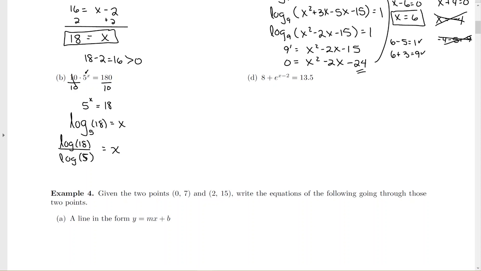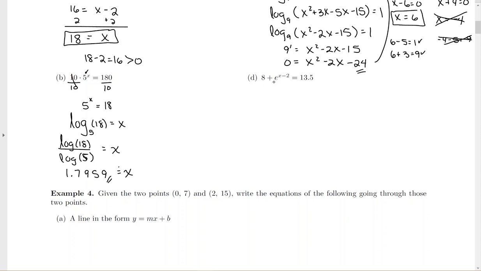So let me do that real quick with my calculator here. So if I take log base 10 of 18 divided by log base 10 of 5, I come up with a decimal of about 1.7959 if I round it to 3. Okay.